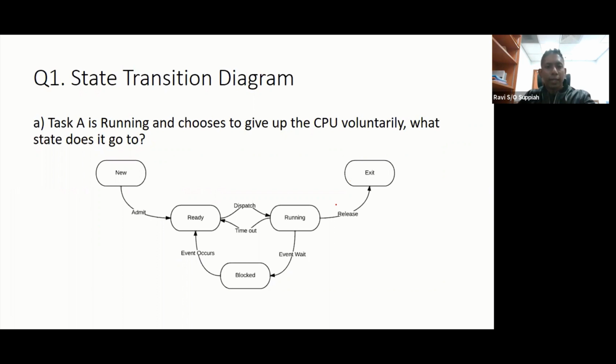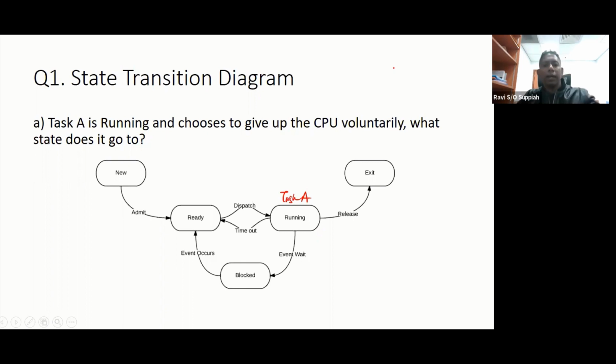So currently this is task A, and I'm running. If I choose to give up the CPU voluntarily, what is the implication? What is the main understanding? Do I still have all the resources I need to carry on? Yes or no? Yes, correct. Because I am running and I choose to give up the CPU.